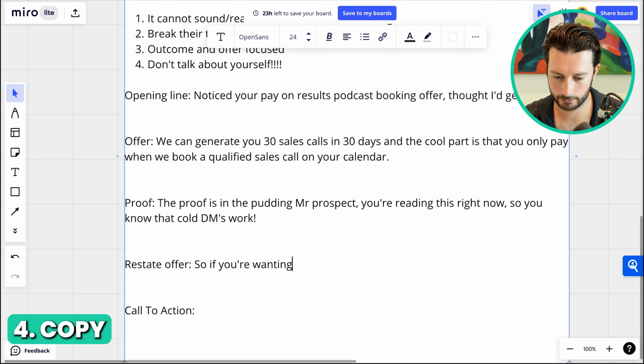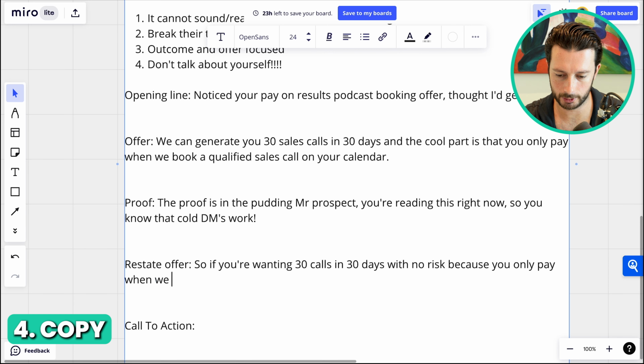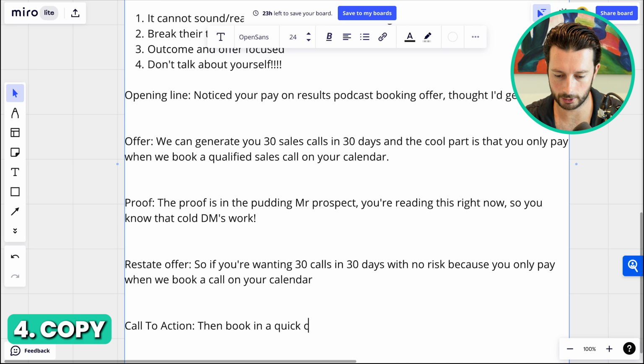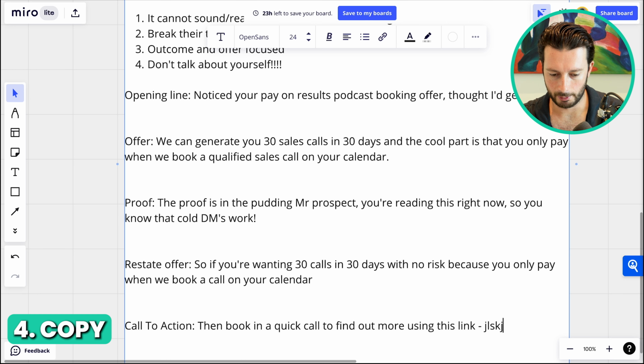So if you're wanting 30 calls in 30 days, with no risk, because you only pay when we book a call on your calendar, and then your call to action, which would probably be booking a call, or it could be reply to the email or reply to the cold DM or whatever it may be. So if you want 30 calls in 30 days with no risk because you only pay when we book a call on your calendar, then book in a quick call to find out more using this link, blah, blah, blah.